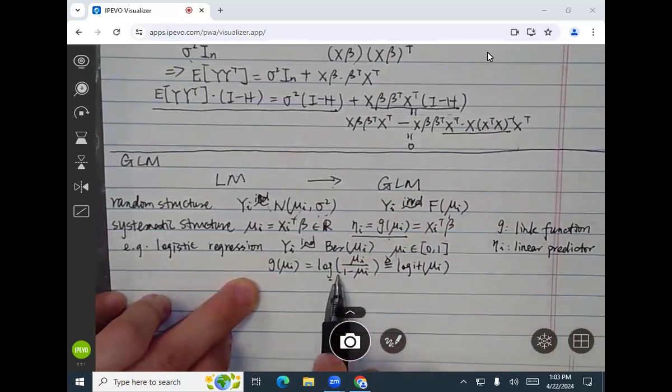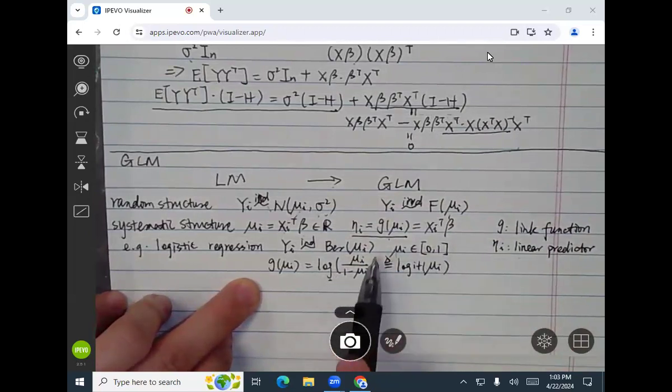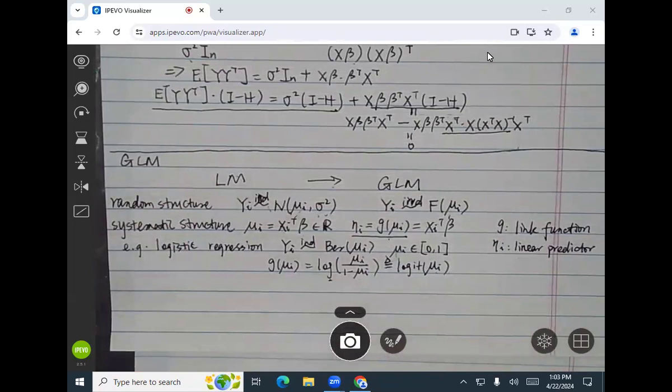It maps mu i from 0 to 1 to negative infinity and positive infinity. So mu i near 0 becomes negative infinity, mu i near 1 becomes positive infinity. But why is it this function, not other functions? There are other functions that can map 0 to 1 to real values. Why do we choose logit? So today we'll give you the justification from the generalized linear model theory. That's what we covered last time.